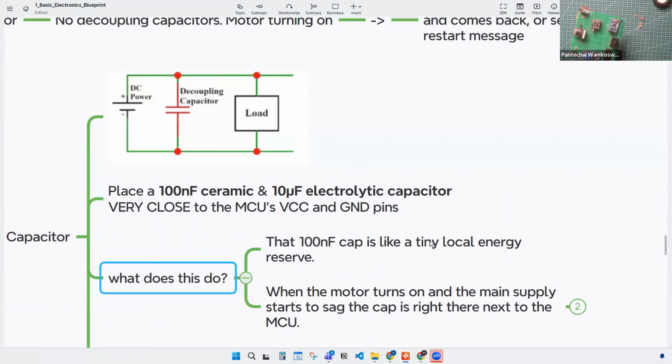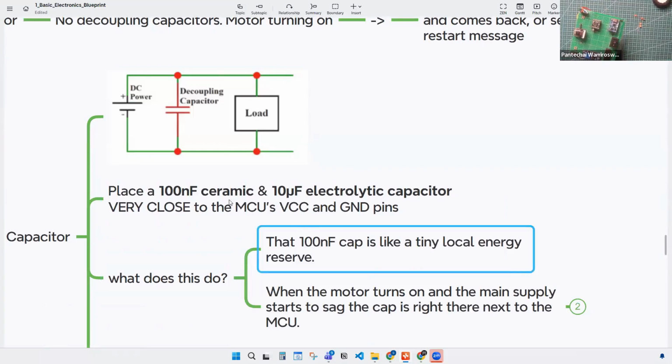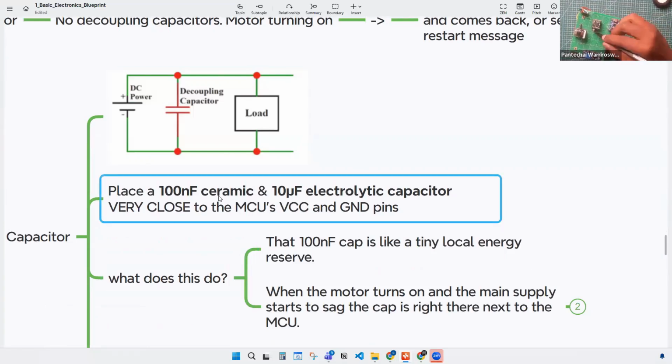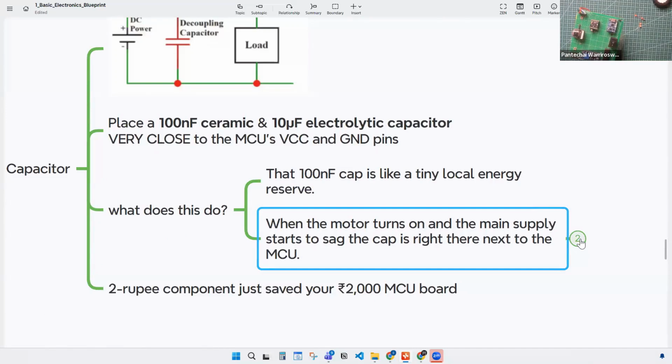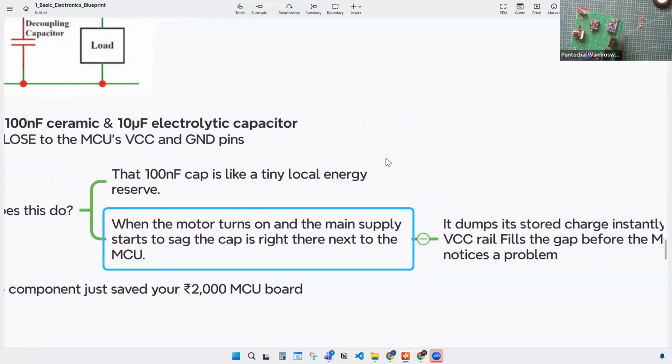So what is this going to solve? Remember the small ceramic capacitor is going to act like a local energy reserve. The small capacitor, I'm telling you. Whereas the bigger electrolytic capacitor is helpful for handling heavy voltage changes or heavy voltage fluctuations.